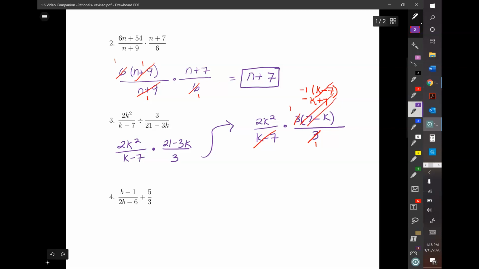So when I rewrite this, I now have negative 1 times the 2k squared, giving me negative 2k squared. And then I don't have anything left in the denominator, so I just leave it as that.